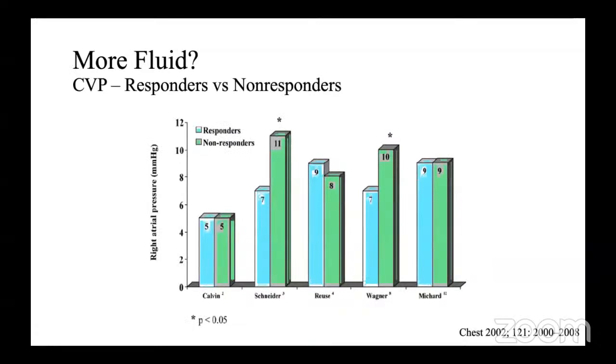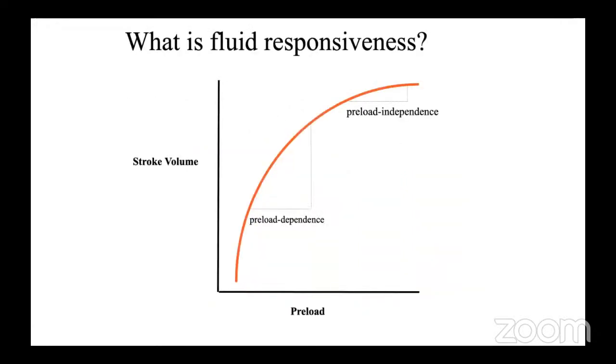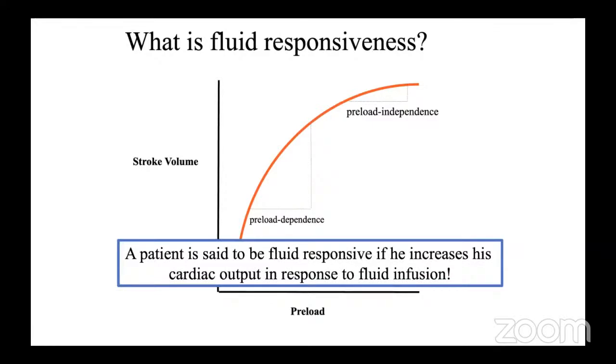So there are multiple studies which show that the single value of central venous pressure can be the same in patients who are responders or non-responders to volume therapy. So what is fluid responsiveness? Fluid responsiveness is when the patient increases his cardiac output in response to a fluid bolus or fluid infusion.